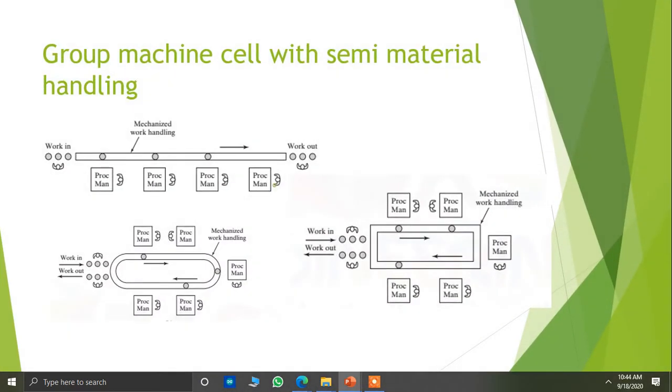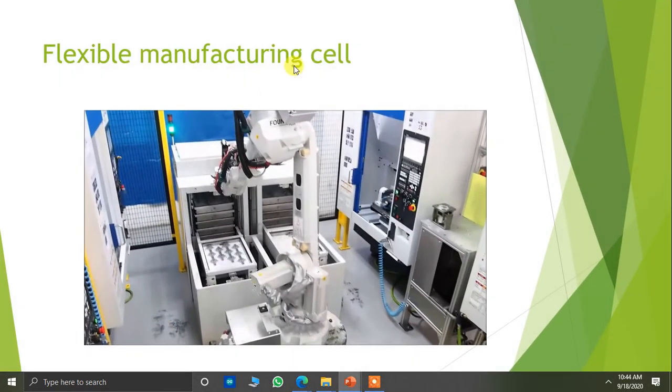But in this case, you don't have to worry about the material handling. The robot has the capability to understand what kind of material it is, whether it is a finished product or a raw material. Loading and unloading of machines is also done by the robot. The only thing you have to monitor in this case is whether the process flow is correct or not.